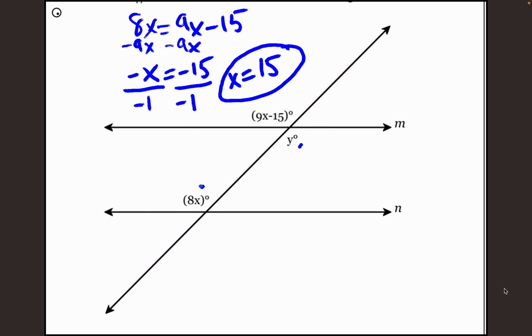They're alternate interior, so those are also congruent. So instead of doing 9 times 15 minus 15, we can just do 8 times 15. So what's 8 times 15? 120. And there's our y.